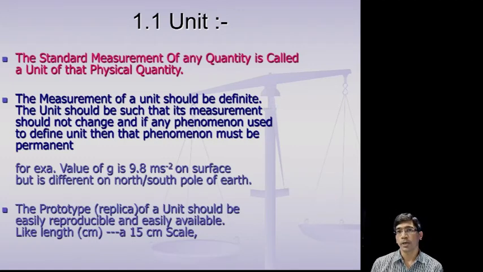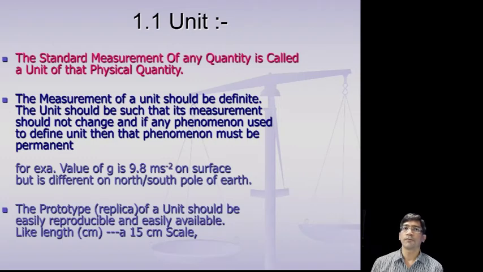Suppose you take one scale and measure a road's length, and it is 4 centimeter. Then by taking any other scale, if you measure this length, you will get 4 centimeter. At any place, at any temperature, at any pressure, we will get the same measurement, 4 centimeter.